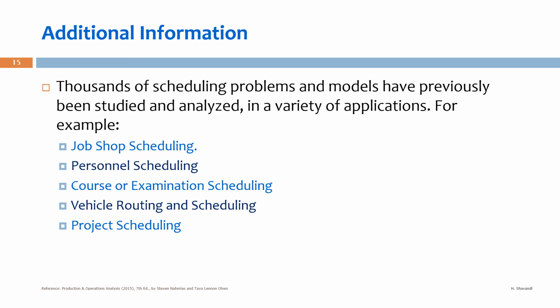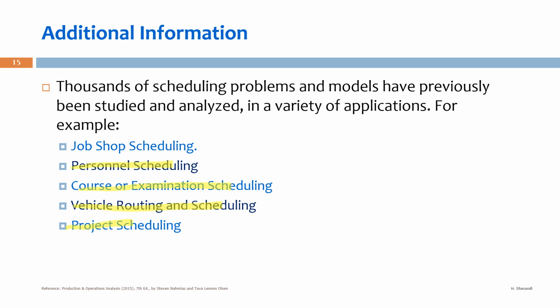So as additional information to wrap up the scheduling, scheduling is not just applied in a manufacturing environment, I mean job shop or flow shop. It can be applied to other areas like personnel scheduling, or course or examination scheduling in university, or vehicle routing and scheduling, and also in project scheduling.